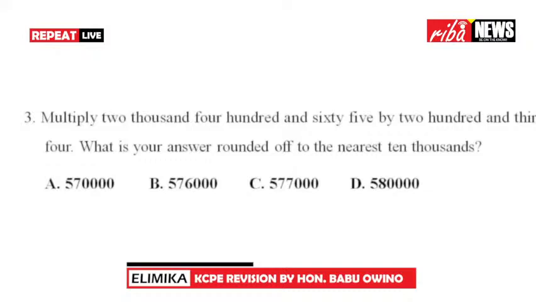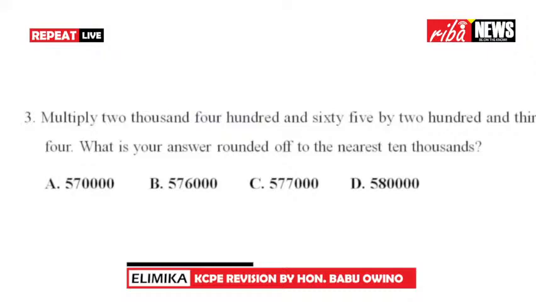Remember we are dealing with whole numbers, so it's about just playing with the addition sign, subtraction, division, multiplication. So multiply 2,465 by 234.